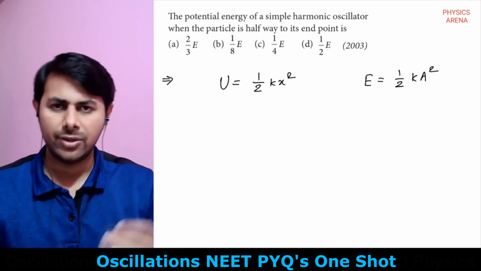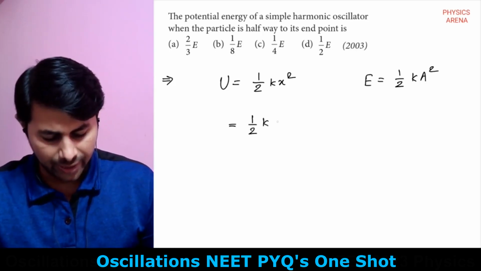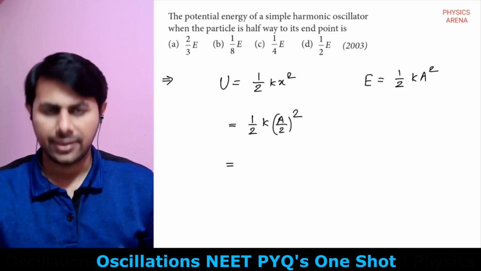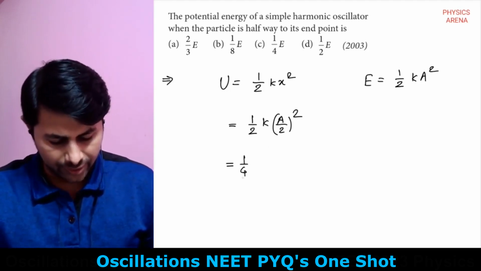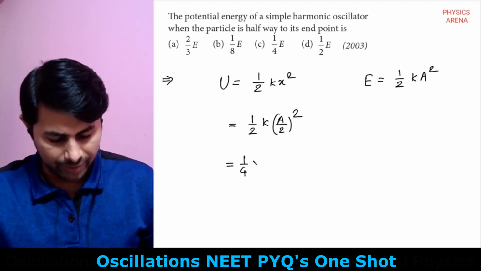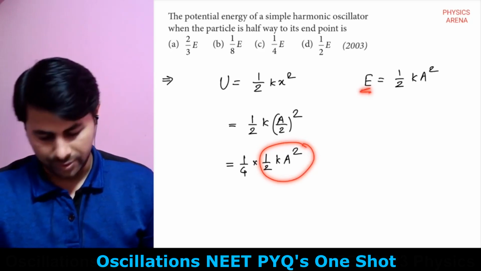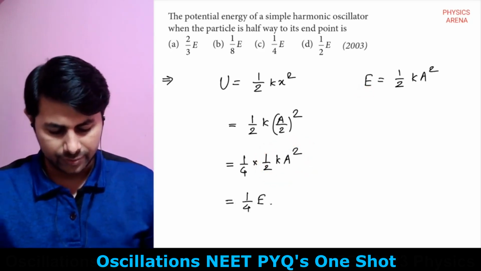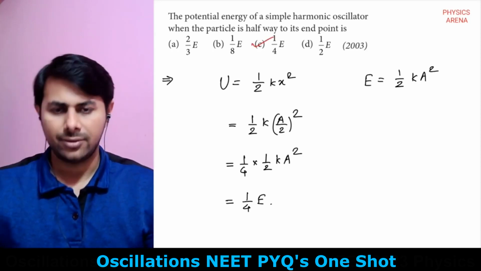So when x is equal to a by 2, how much would be potential energy? Half of k into a by 2 square. That is a square by 4. So that 1 by 4 I can take here. It's 1 by 4 multiplied by half of k into a square, and this is equal to E. So it is 1/4 of E, right? So option C is the answer.